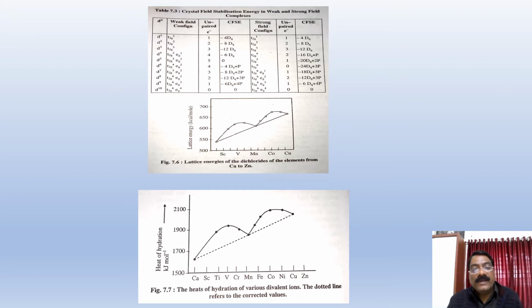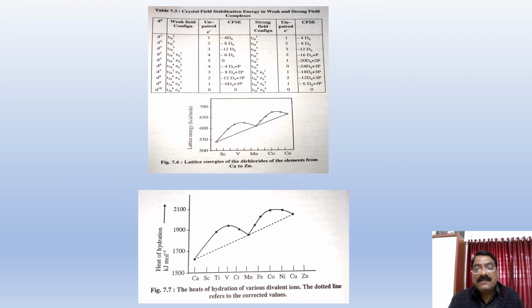Similarly, when we calculate the heat of hydration of the divalent ions from calcium to zinc, calcium has the d0 system, Mn2+ has the d5 system, and zinc 2+ has the d10 system. Again, similar points will be repeated here.